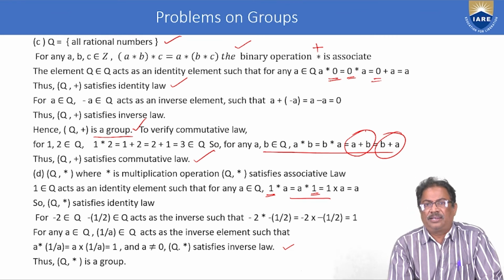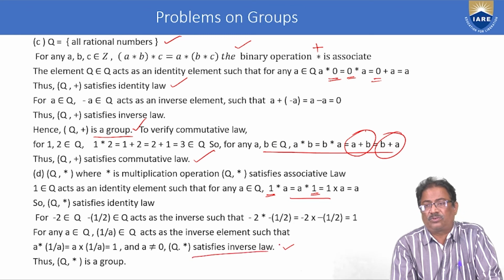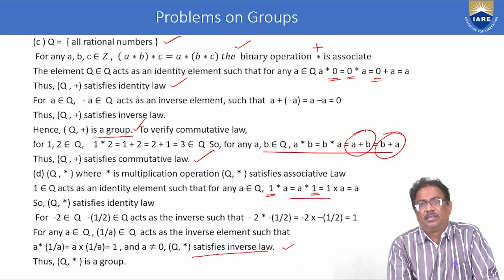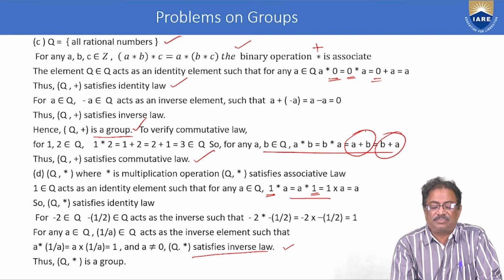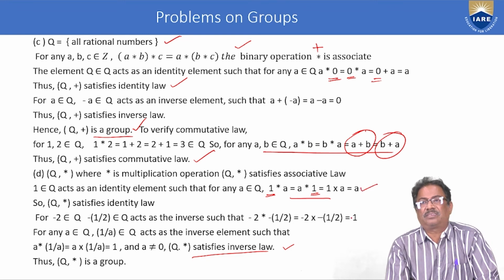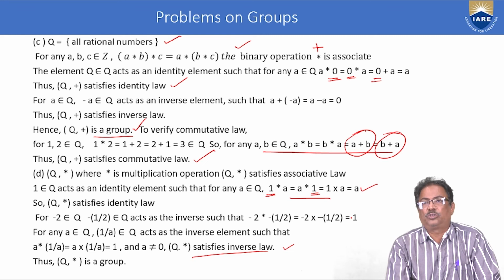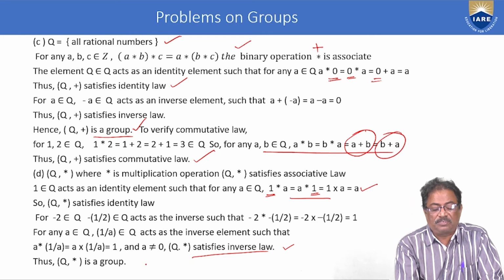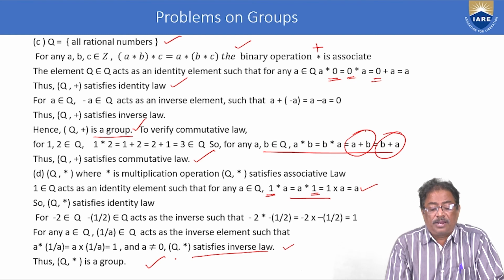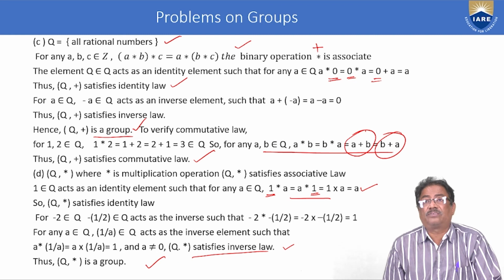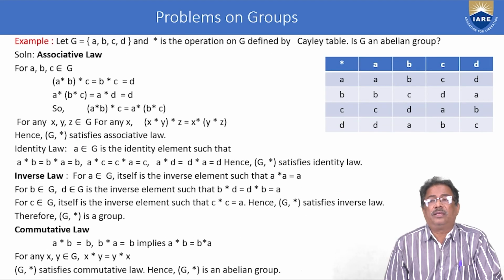So each and every element has an inverse. The identity element also exists, and multiplication associativity is also true. So in all aspects it is a group, and at the same time it also satisfies the commutative law, so it is known as an abelian group.